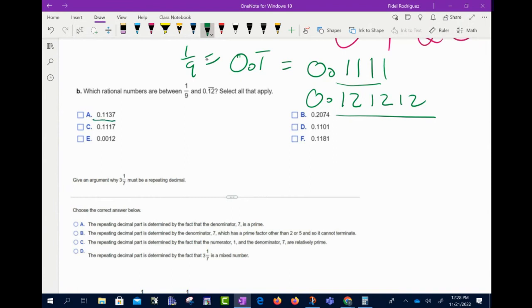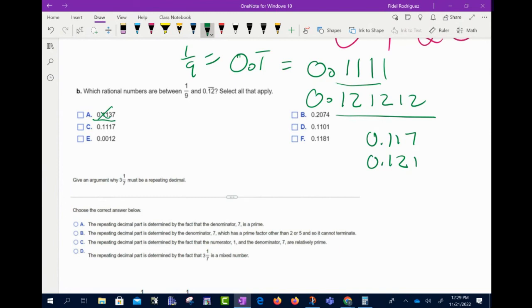Let's see. This here, 0.113, that would be bigger, so I don't want that. Okay, let's see. 0.3 1s and a 7. Well, that would be bigger. If I put a 7 here, let me see. 0.123 with a 7. 0.121.